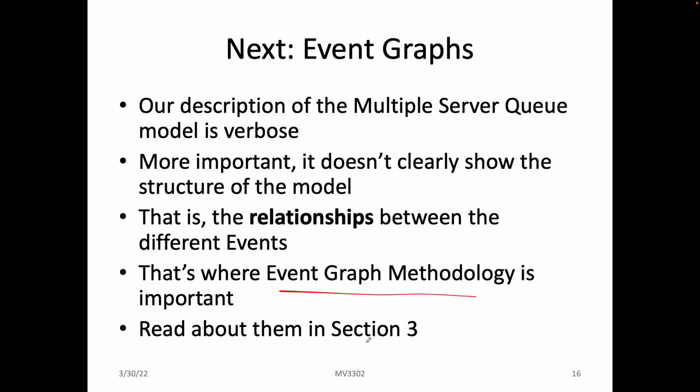In section 3 of the reading, this event graph methodology is introduced. For that, we're going to go back to these 2 simple models and redo them, so that our arrival process is going to look something like this, and our multiple server queue model is going to look something like this, where we have circles and arrows, and the little nodes point to each other.